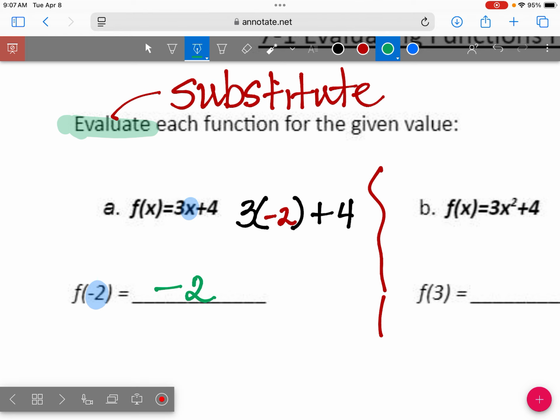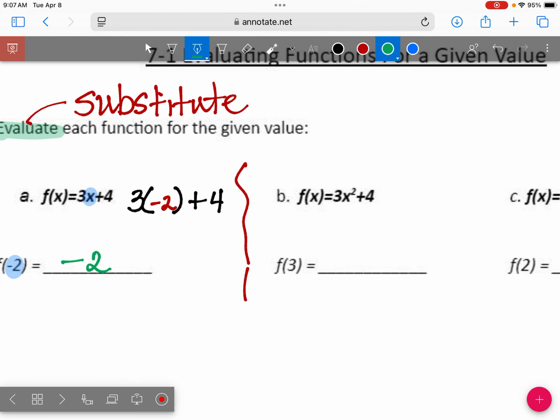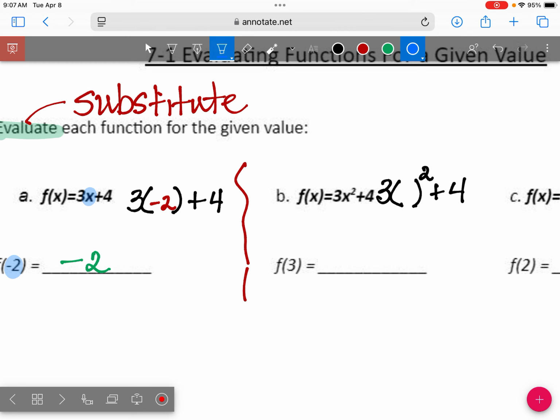All right, for question B, I have a different function. It's now 3x squared plus 4. And now the number is a 3. And we're going to put that here. So go ahead and put our 3 in right there.